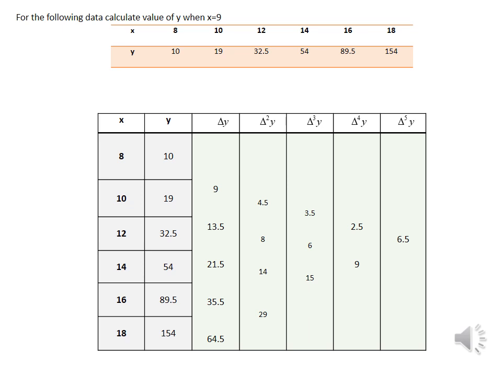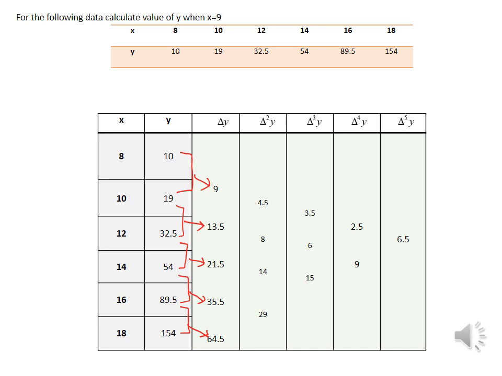Here we find the first forward difference and second forward difference, etc., until we end up with a single value. The first forward difference is obtained by subtracting the consecutive terms of y. Here y1 minus y0, that is 19 minus 10, gives 9.